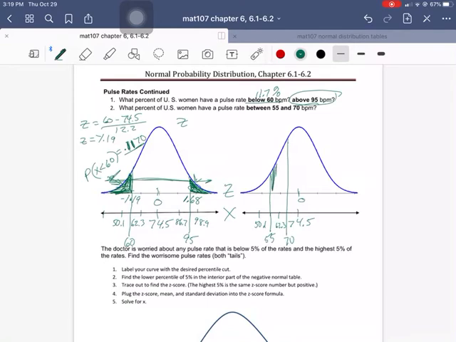So we're just talking about this in here. So I need both z-scores, okay? So z equals 55 minus 74.5 over 12.2. That's going to crunch out to a negative 0.37.